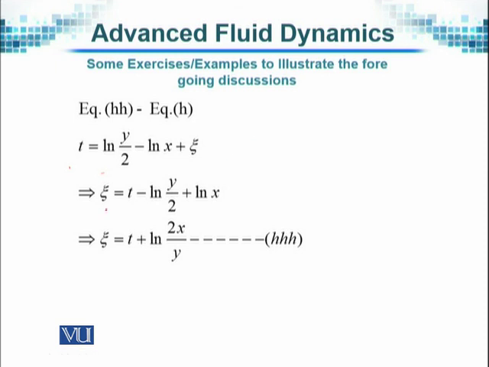Or zeta can be written as, if we take all the terms to the left hand side, as t minus log of y over 2 plus log of x, and we obtain another equation in which we have the combination of the two that gives us zeta is equal to t plus log of 2x over y. You know that we have a formula that log of a minus log of b is equal to log of a over b. So that has been used here. Since this is with the negative sign, we have y coming in the denominator and so on.